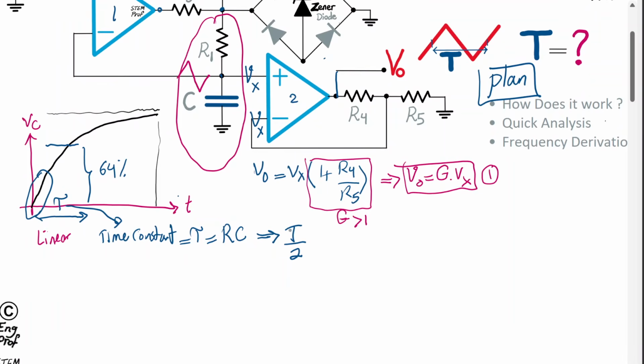So half period should be less than or equal to the time constant multiplied by 0.1, so 1/10 of the time constant.